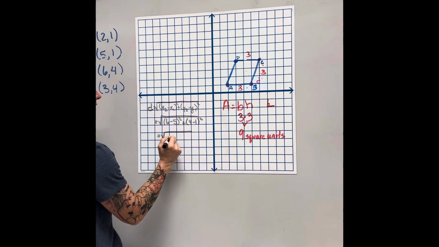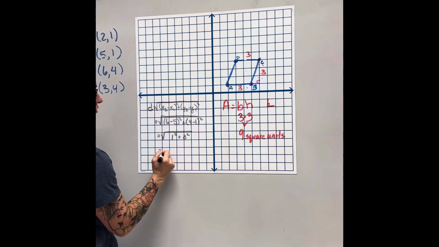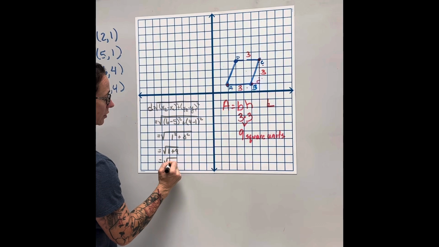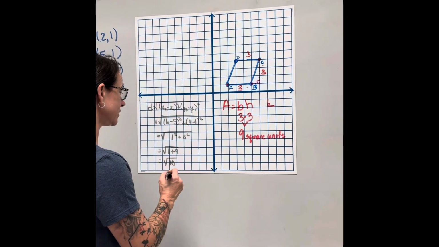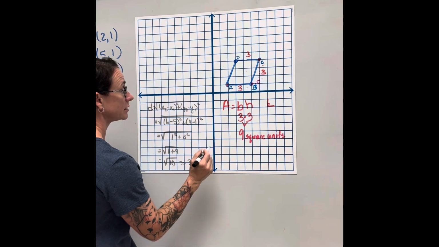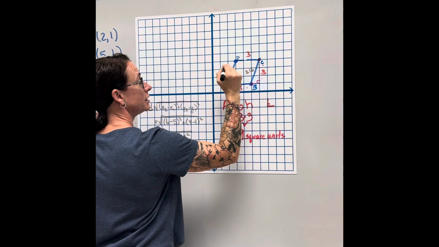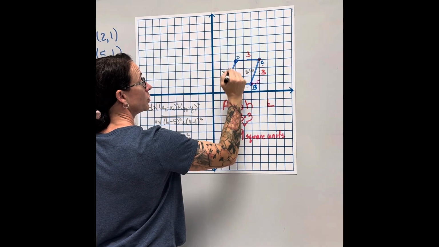Then we do our math. Square root of 1 squared plus 3 squared, which is equal to the square root of 1 plus 9, which is equal to the square root of 10. If you plug this into your handy dandy calculator, you will get approximately 3.16. So the distance from B to C is 3.16, which means the distance from A to D is also 3.16.